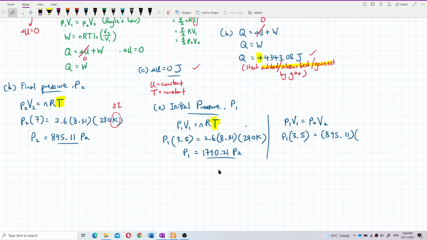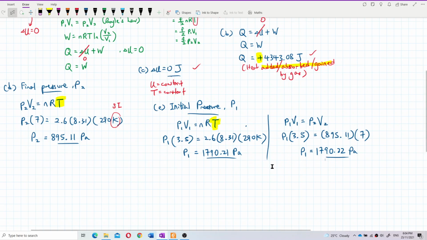Pressure 2, and just now volume 2 is 7. Let's calculate P1. So I've proven it: 1790.22, a bit different only because of rounding the value.